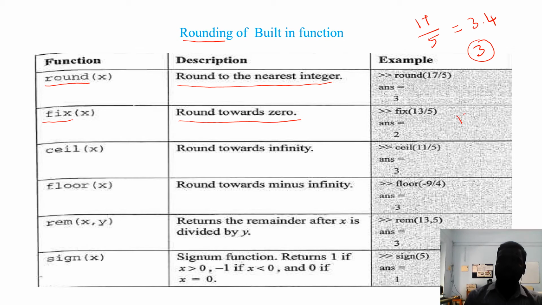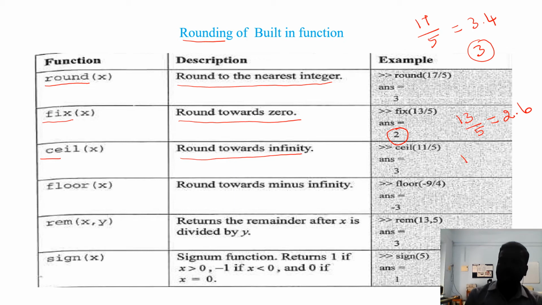So I take the example 13 divided by 5. The value, we know, is 2.6. But if we round towards 0, that is, using the command fix, the answer displayed is only 2, not 3. The next one is ceil. It rounds the value towards infinity.